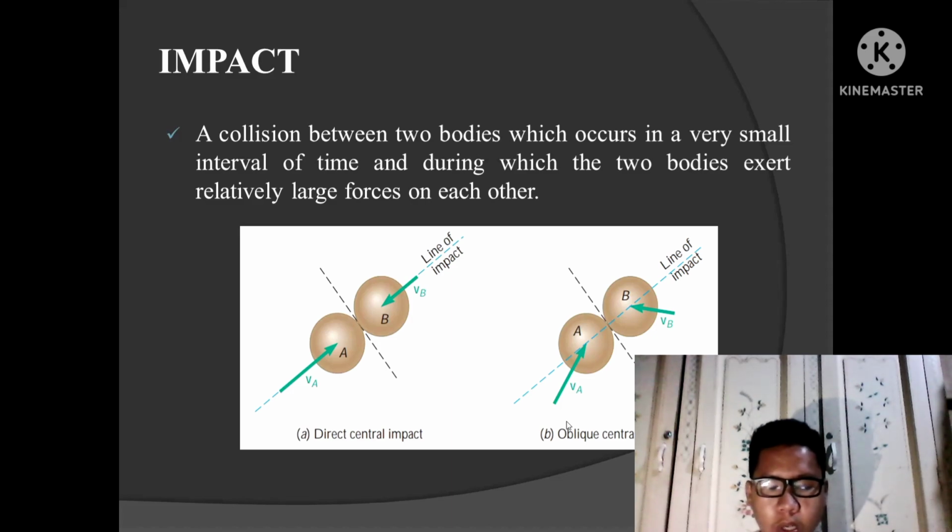It is called oblique impact because the direction of motion of one or both of the particles is at an angle to the line of impact. That's the oblique impact.